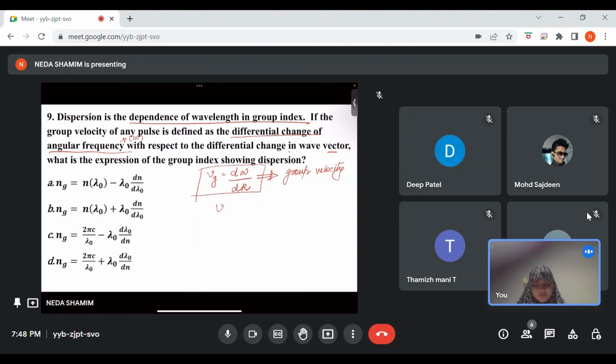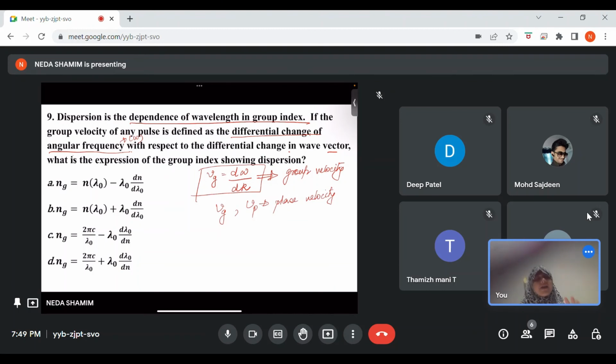One is the group velocity and the other is the phase velocity. I'm just telling this for your knowledge. Now what is the difference between the group velocity and the phase velocity?